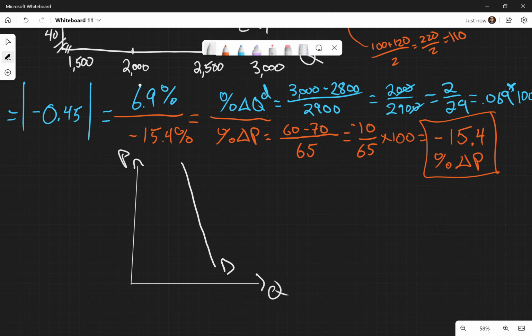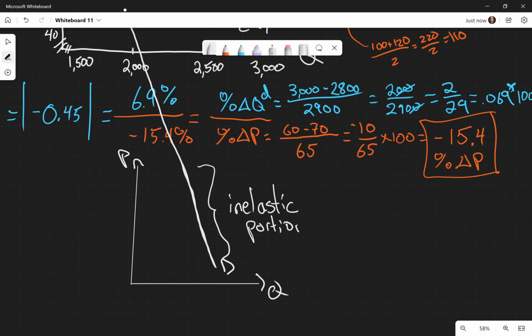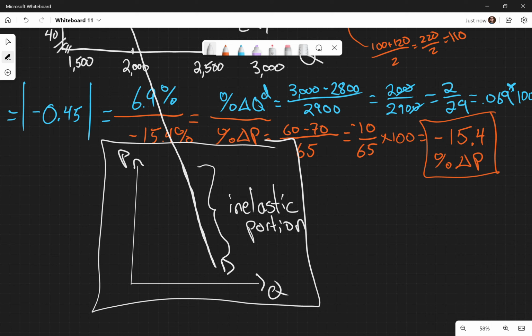But if we wanted to think about the demand curve in its entirety, the demand curve is really, really long, and this is that last portion of it, that inelastic portion. Maybe that's all that we have on our graph here, is that inelastic portion when the slope is so steep like that. But it's important to remember that when it's a straight line, the slope is changing along that line somewhere.